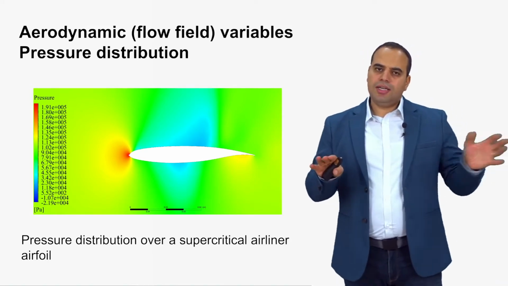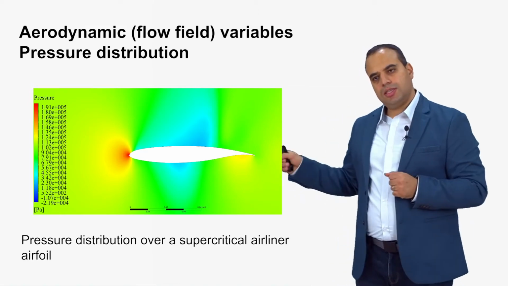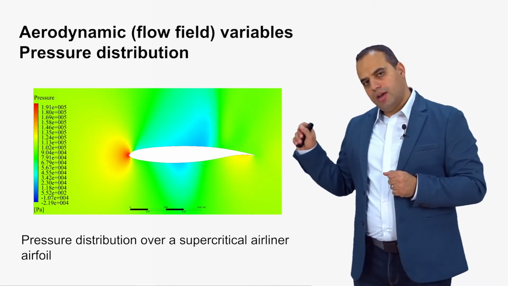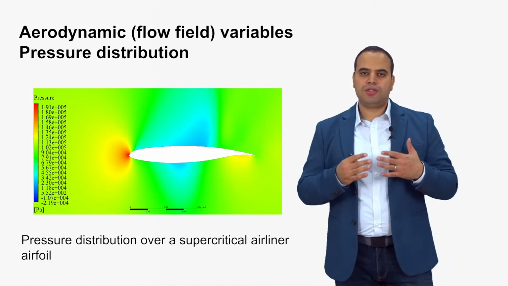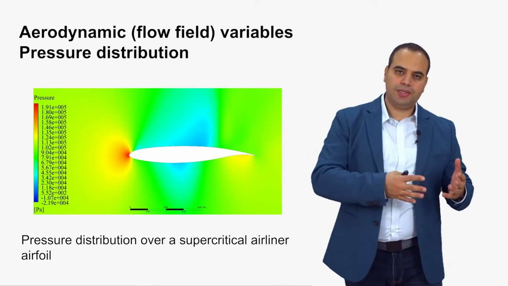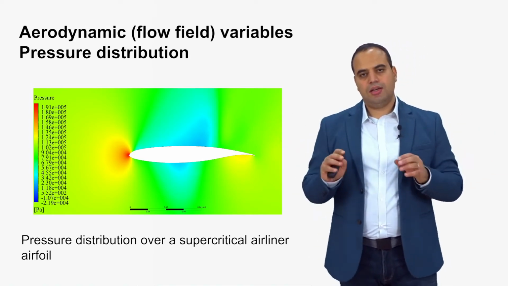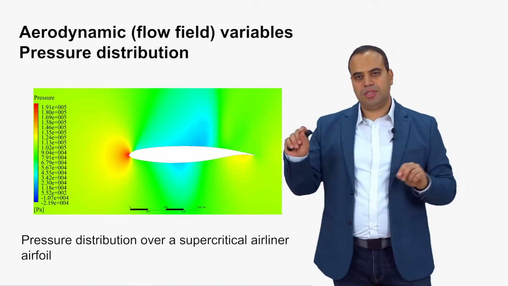Because the air is moving at a certain velocity, when it interacts with this solid object, the wing airfoil or wing cross-section, as you can see here, we have a certain distribution of pressure, or what we call a pressure field, right? A field means we have values which are different at each point around this object.